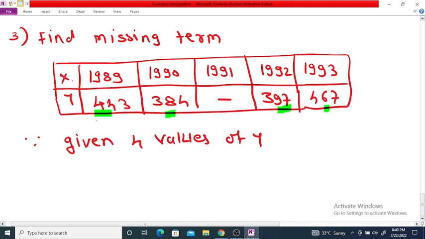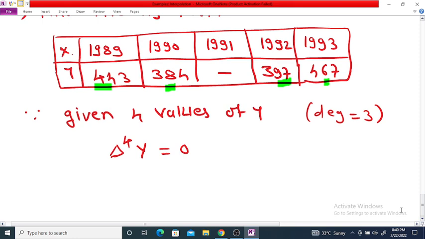If n values are given, then we get a polynomial of degree n minus 1. So its fourth difference, the fourth difference of y, is equal to 0.